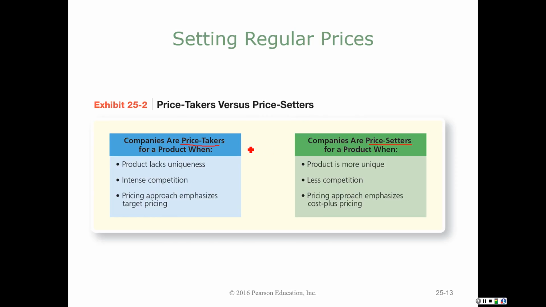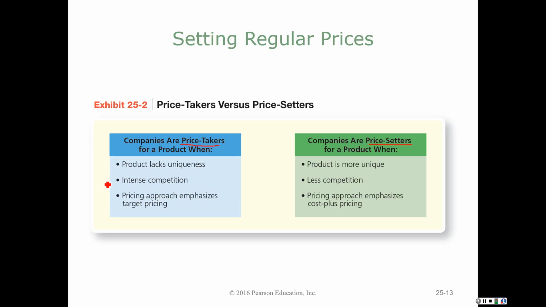So how do we determine when a company is a price taker versus a price setter? Well, let's start with the price takers. Usually these products lack uniqueness. There's very intense competition for this product, and we could take into consideration commodities: milk, corn, flour, wheat, timber. So something that is purchased in bulk.